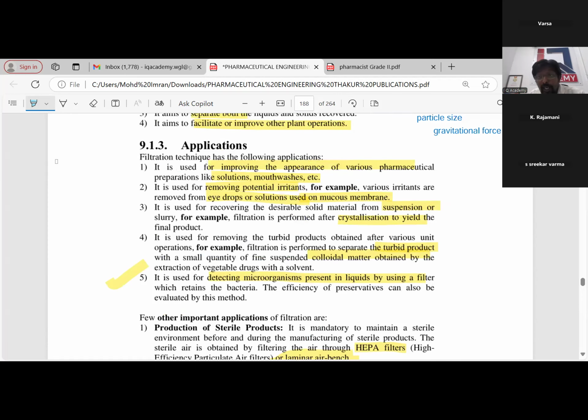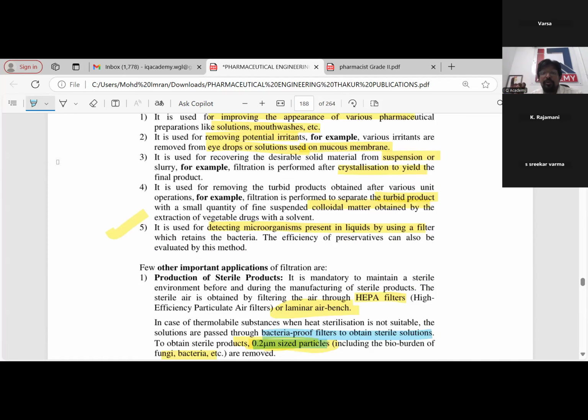So these are the applications of filtration, and you should especially remember separation, purification, crystallization to get pure yield, purification of air, and bacterial proof filters. These five applications are very, very important.